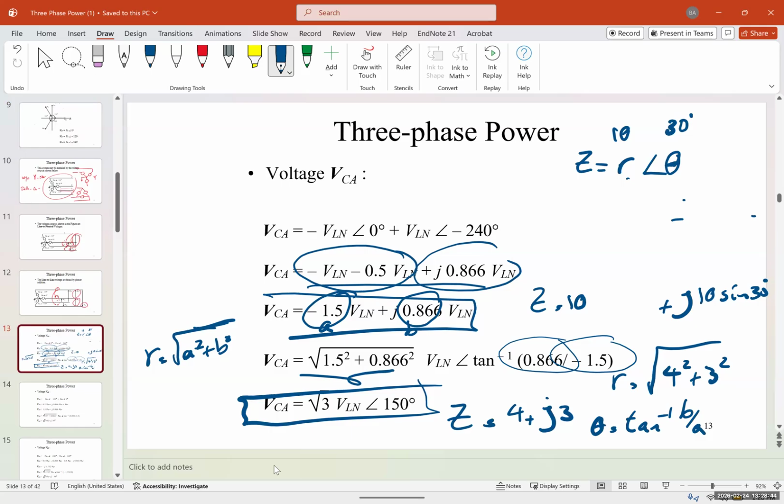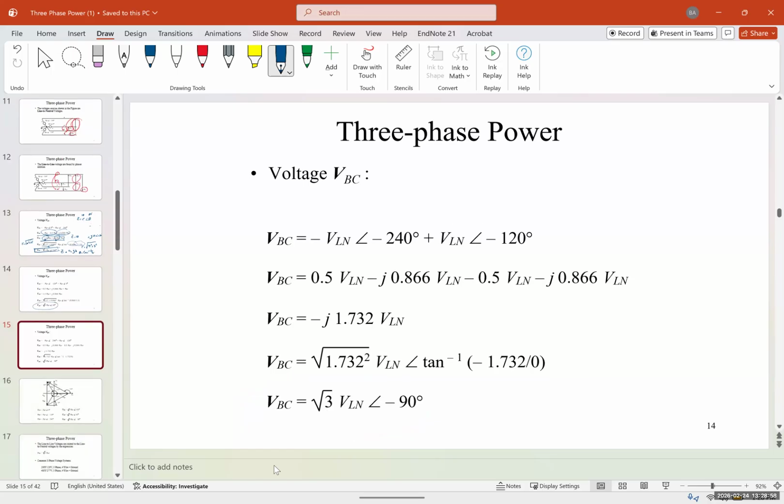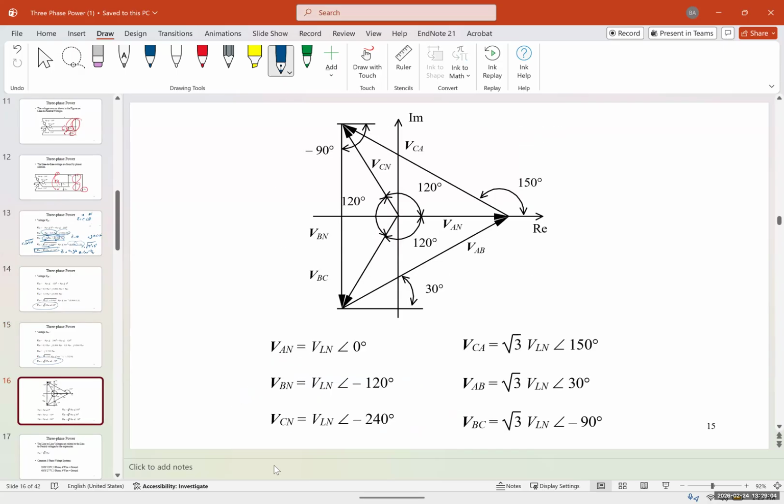Now we can do it for all the other ones as well. For VAB, again, we get square root of 3 VLN with a degree of 30 degrees. And for VBC, it's going to be square root of 3 VLN with a degree of -90 degrees. And if we add it here, you can see that we have 150 degrees.